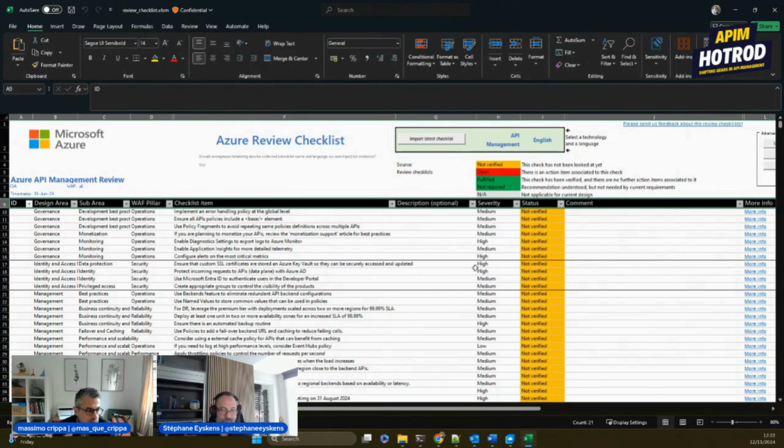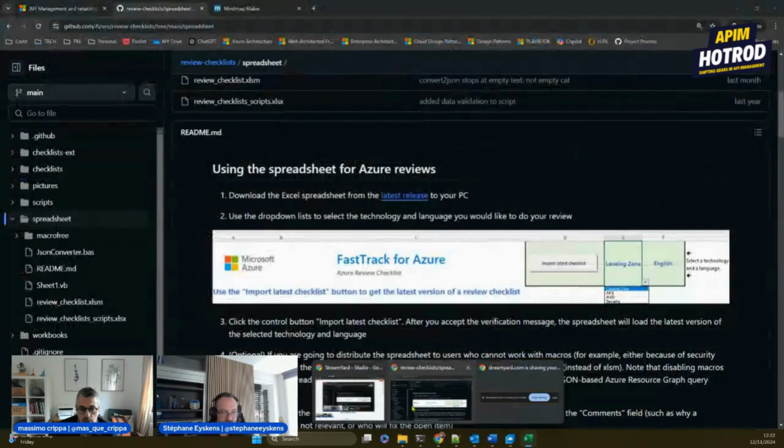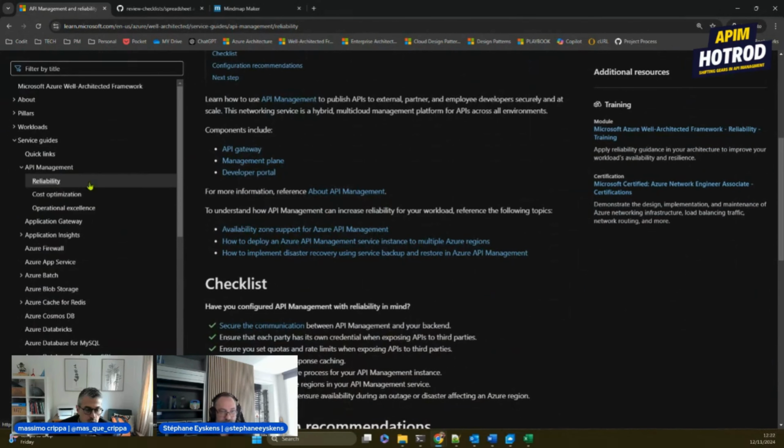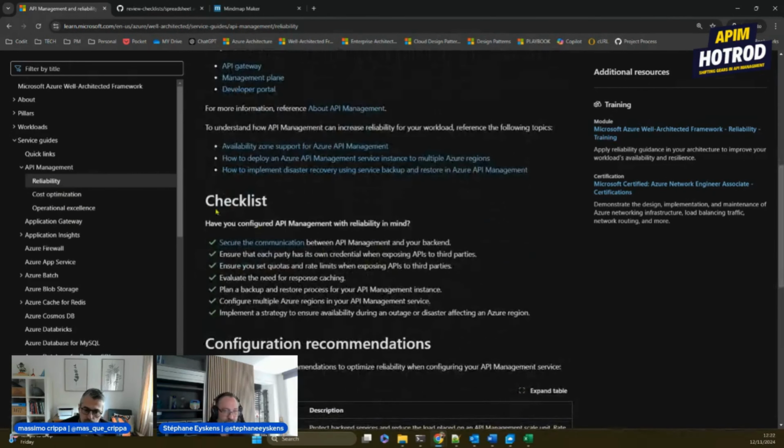Before going into checking some of these controls, Stefan, I would like to mention another option to approach this review. It might be to use the Well-Architected Framework. Here you can find some checklists grouped following the WAF: reliability, cost optimization, and operational excellence.